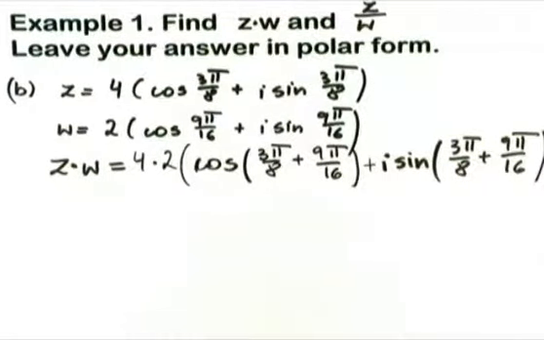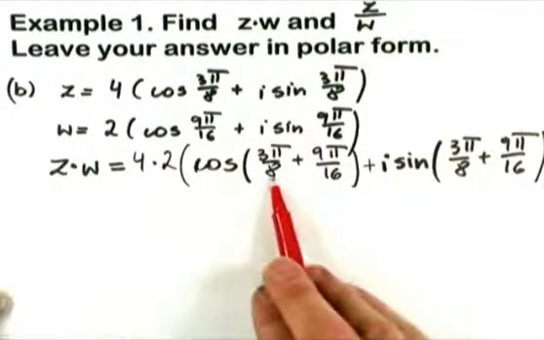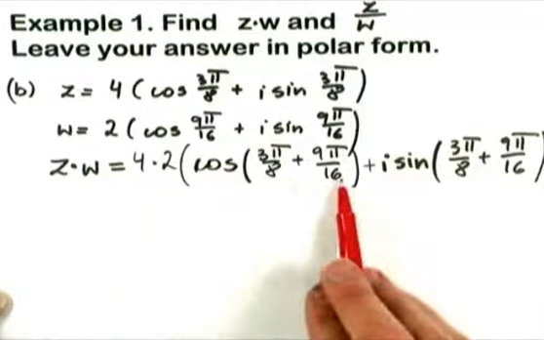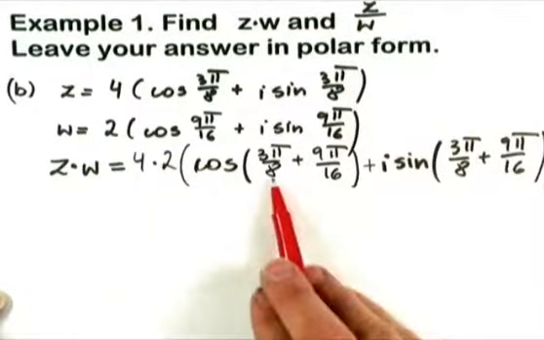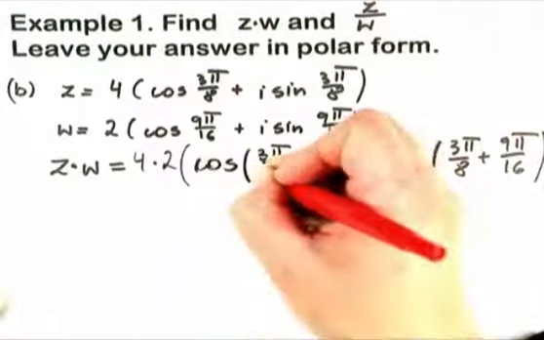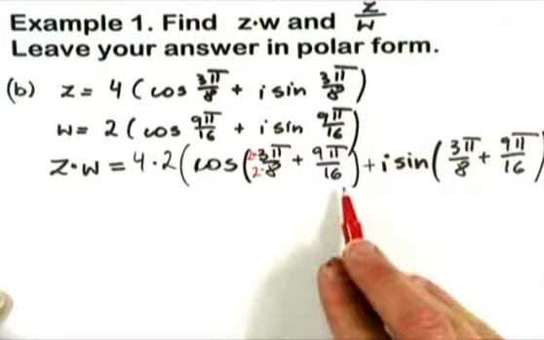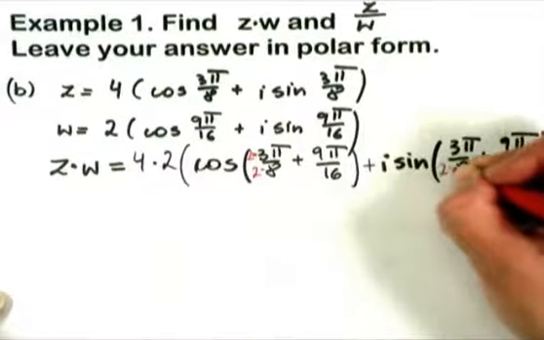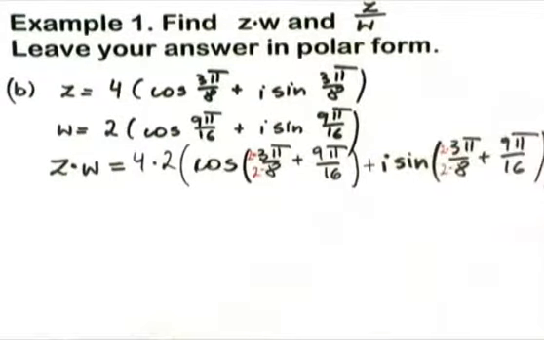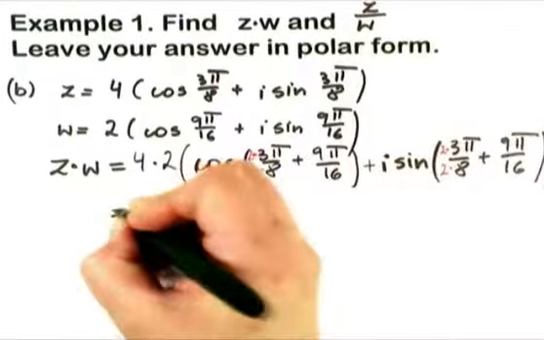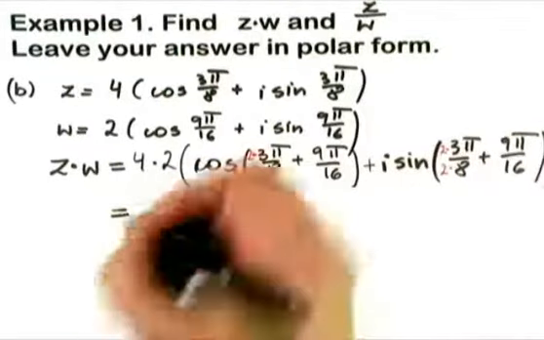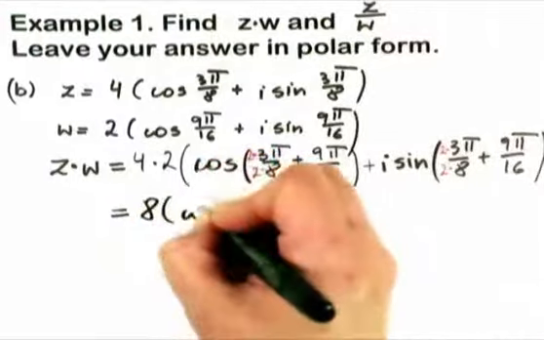Okay, we need to find the common denominator. The common denominator for 8 and 16 is 16. So here we need to multiply times 2, and 16 is already there. The same story here, times 2, times 2. So the product is equal to 4 times 2 is 8 cos.